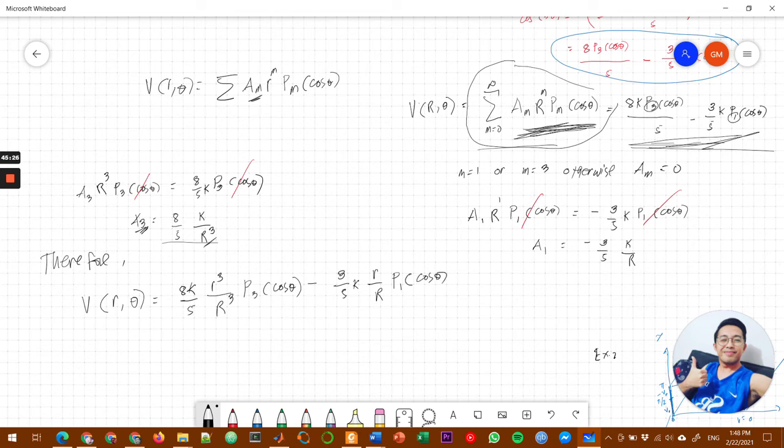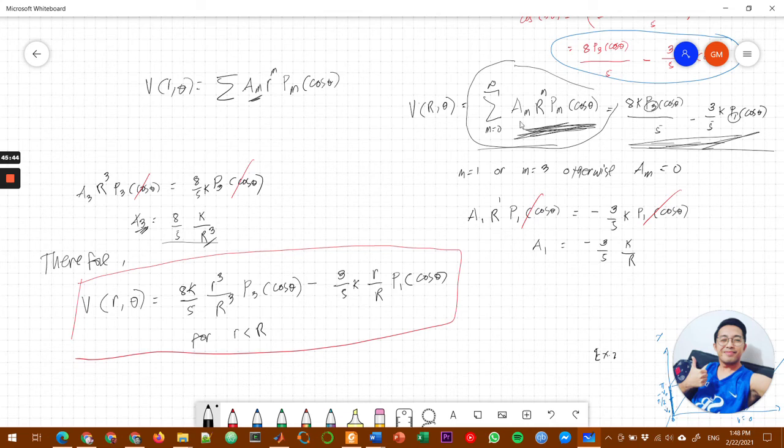So this is the solution. Okay, this is the overall solution. So this is for r less than R. Okay? So solution na siya inside.